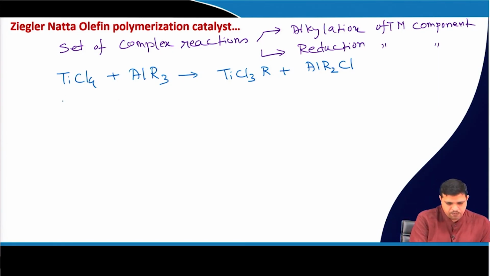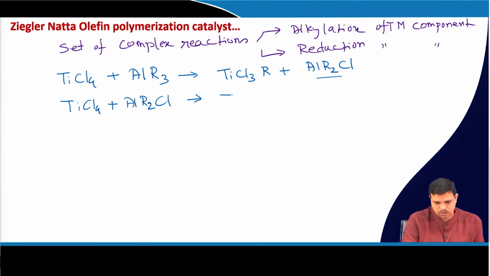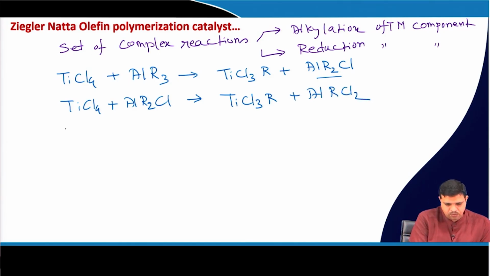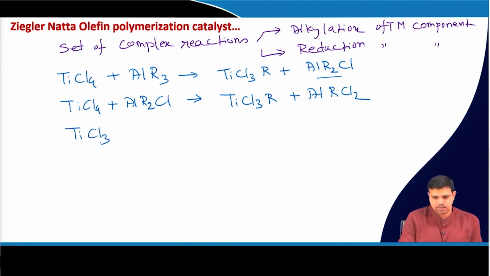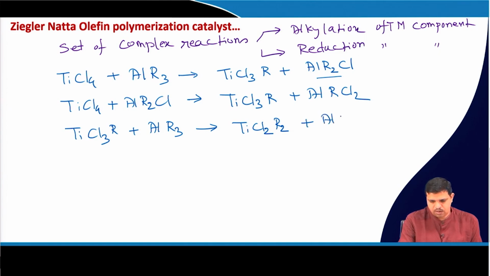Okay. Now, again it can react with this AlR2Cl and form TiCl3R plus AlRCl2. Okay. Now, this TiCl3R can react with AlR3 and form TiCl2R2 plus AlRCl2. Okay.